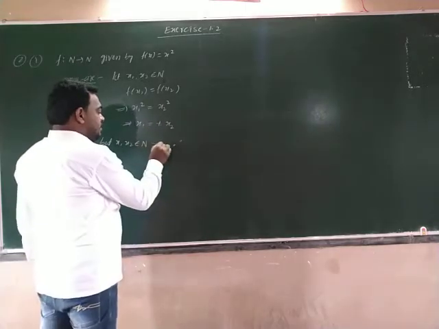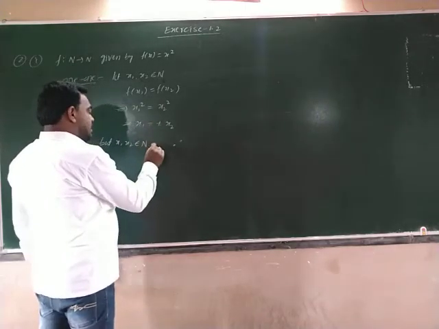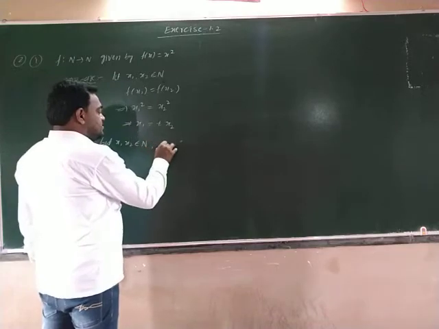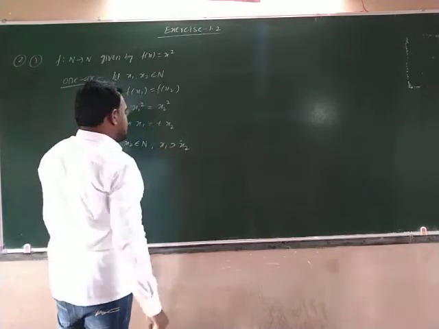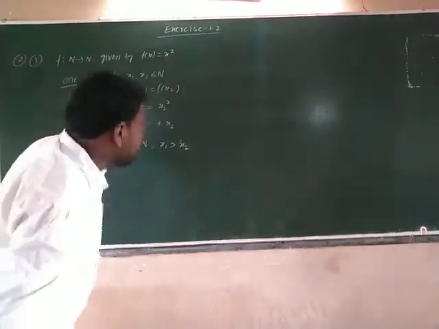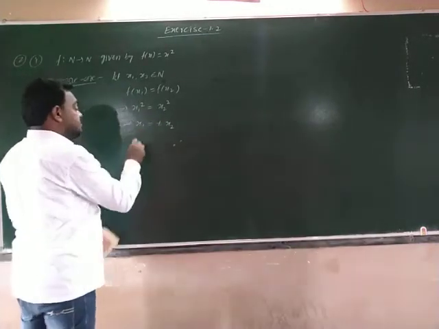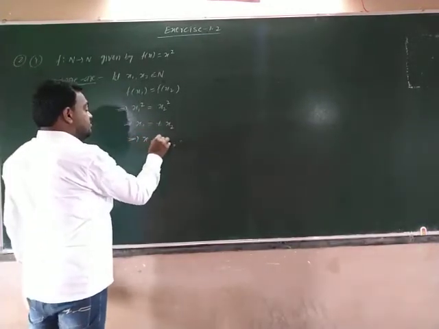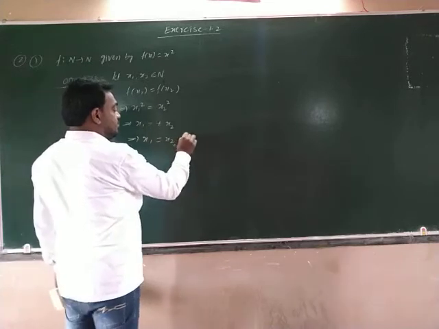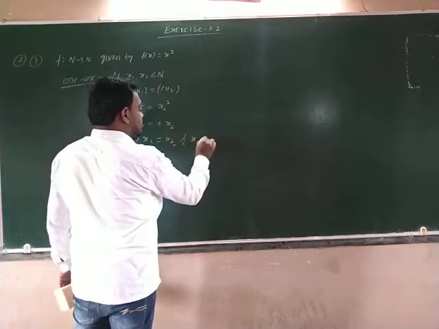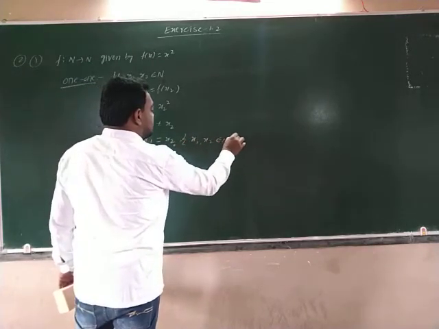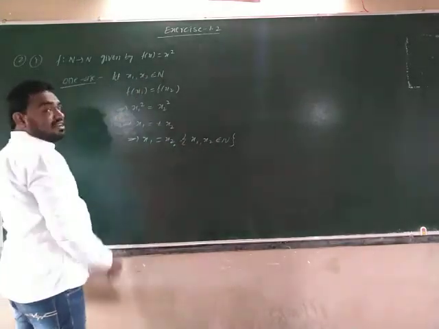So that implies x1 is equal to x2 only. Otherwise we write here, that implies x1 is equal to x2. What is the reason? Here x1, x2 belong to N, natural numbers.